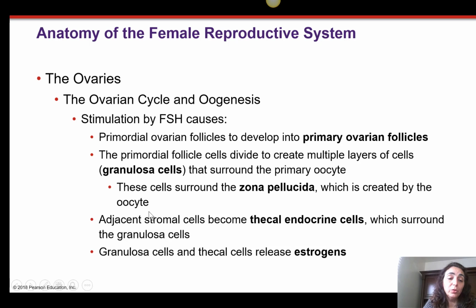I will show you the zona pellucida. And adjacent stromal cells become thecal endocrine cells which surround the granulosa cells. Granulosa cells and thecal cells both release estrogen. And this is the estrogen that is produced by the ovary.